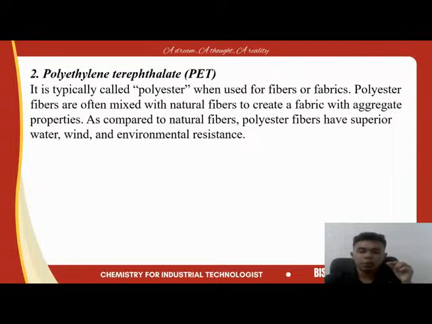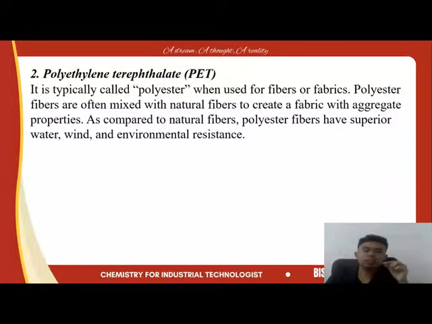When used for bottles, jars, containers, and packaging applications, it is called PET or PET resin, or polyethylene terephthalate resin. PET is the world's packaging choice for many foods and beverages because it's hygienic, strong, lightweight, shatterproof, and retains freshness.